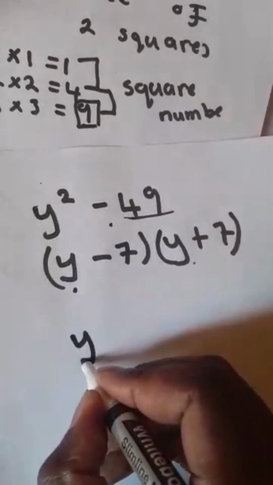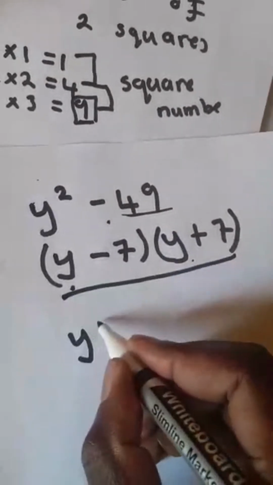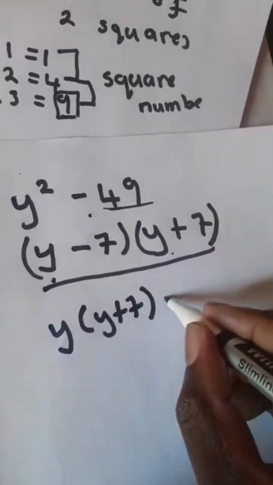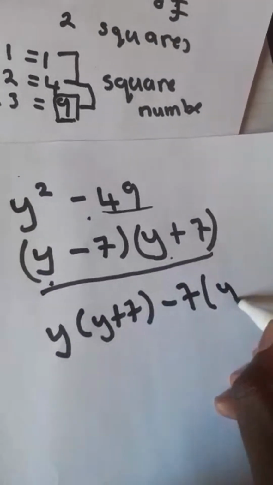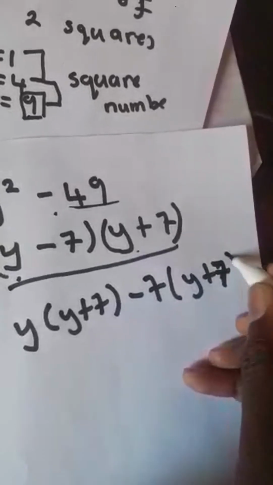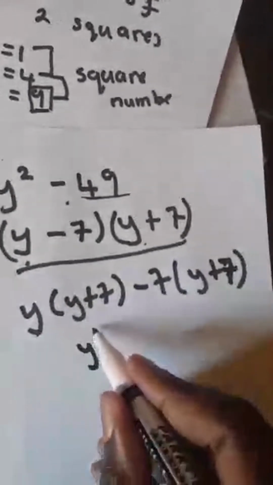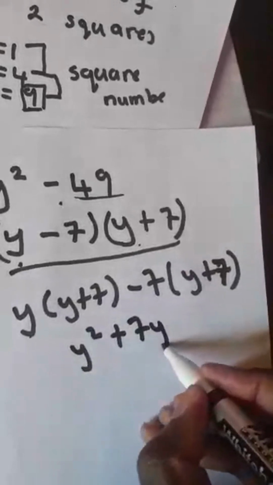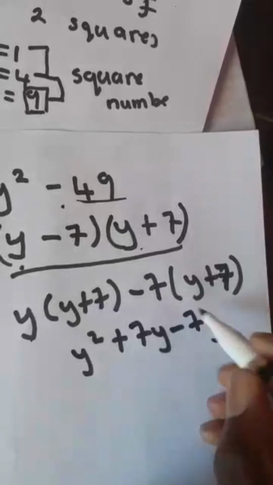Let's try to prove it. Let's expand the first bracket multiplying the second bracket. So it will be y minus 7 multiplying y plus 7. If we multiply y times y, we get y squared. Plus y times 7, we get 7y. Minus 7 times y, we get minus 7y.